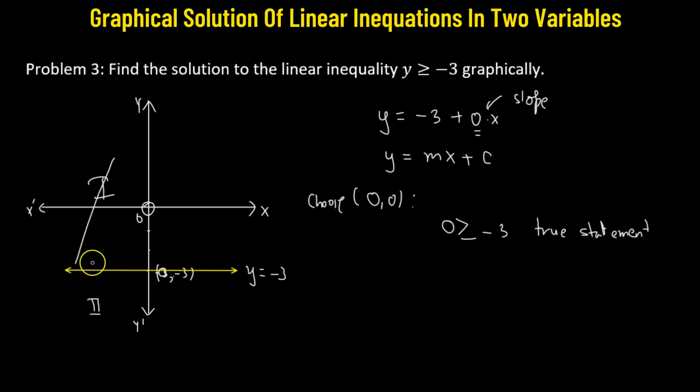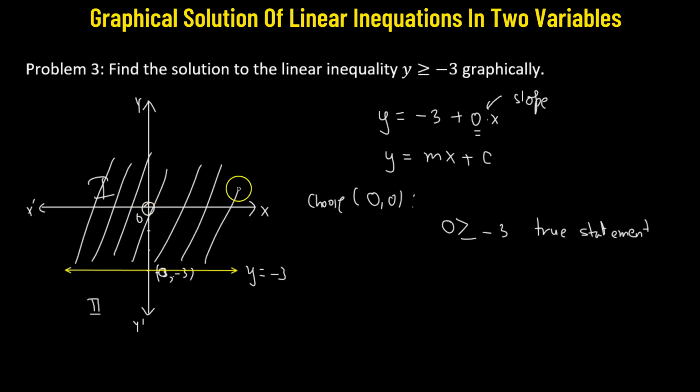So all the points lying above the line are going to be a part of the solution, and these slanted lines must also touch the straight line y equals -3, because we have y greater than or equal to -3. Fine. So this solves the linear inequality y greater than or equal to -3.